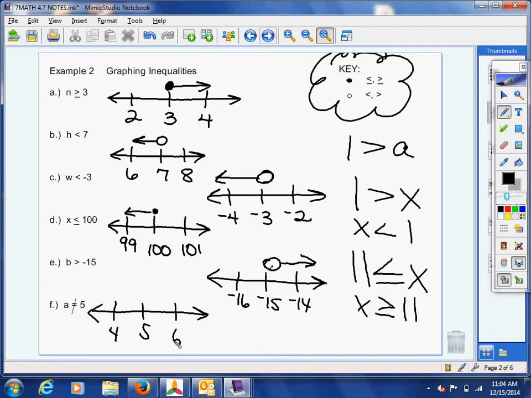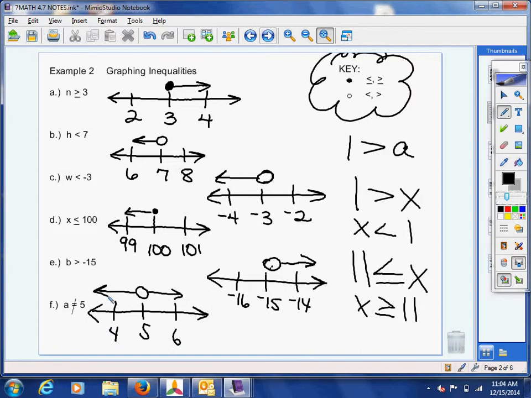Okay? So to indicate not equal to, we're going to do an open circle, because remember a closed or filled in circle would say, yeah, count that number as part of the answer. And they're saying, no, A is not equal to 5. But A can equal everything else.